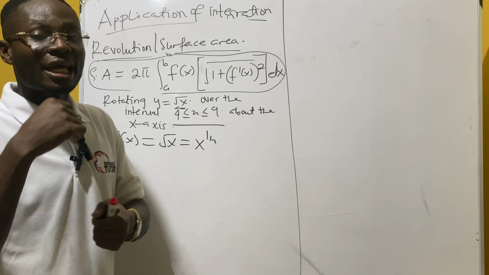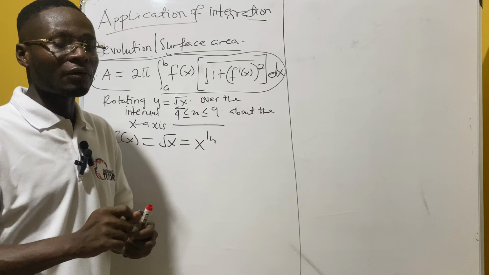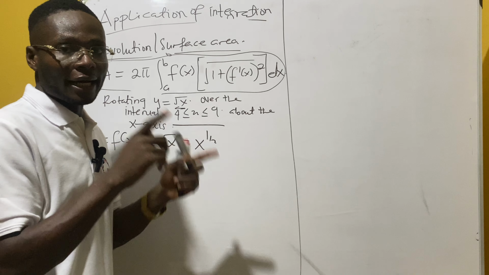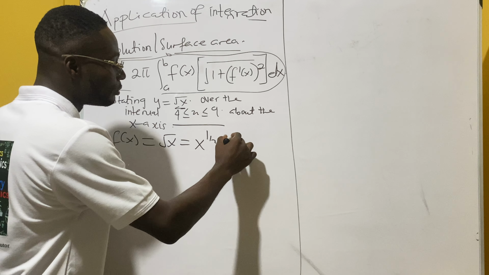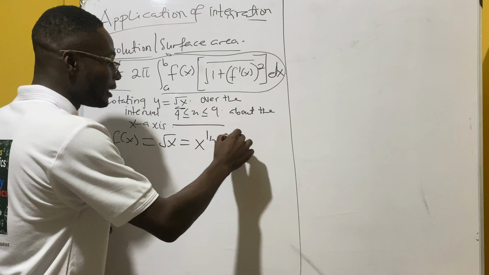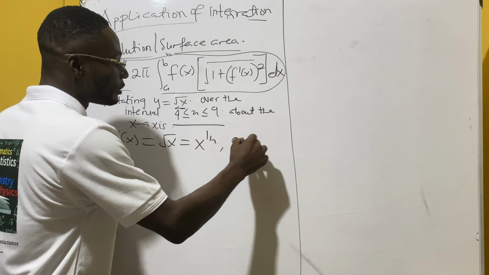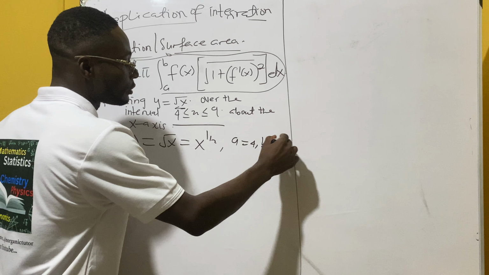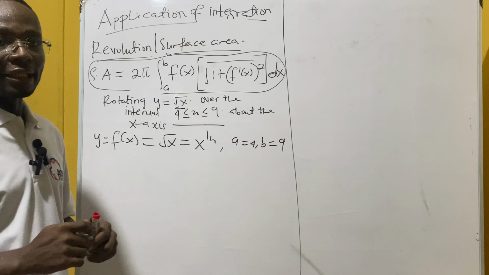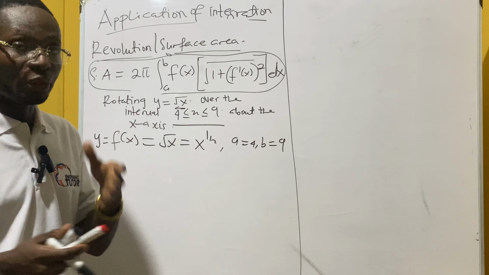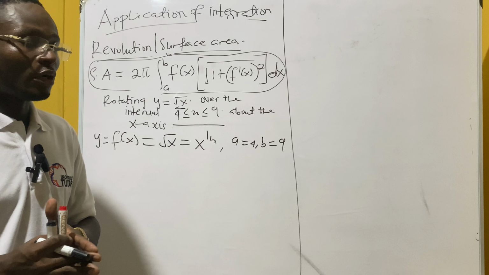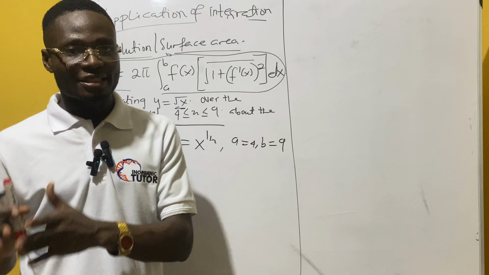It has been rotated over the interval 4 and 9 inclusive, so a equals 4 and b equals 9. We have the interval and the function, and we want to find the surface area of revolution.